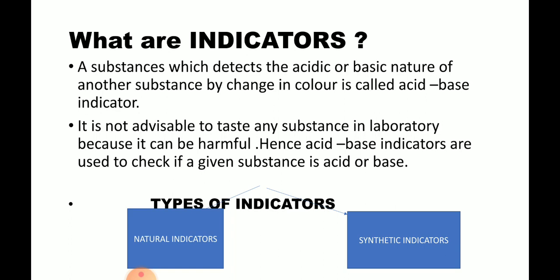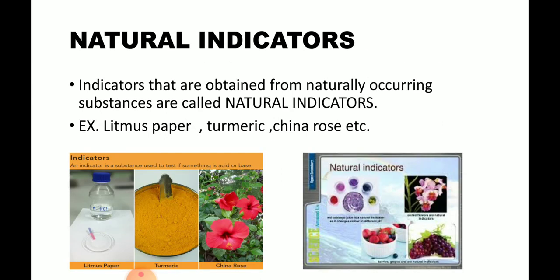Here we will see types of indicators. Indicators are of two types, that is natural indicators and synthetic indicators. Natural means we get it from nature. So natural indicators are obtained from naturally occurring substances. That is why they are called natural indicators.